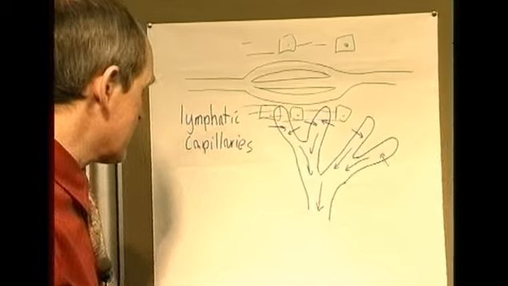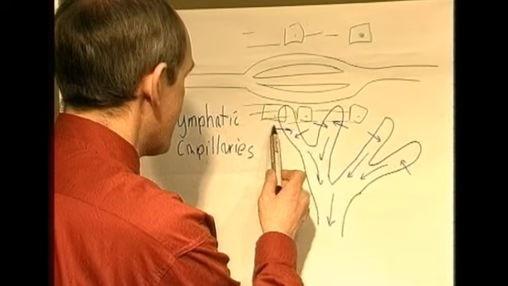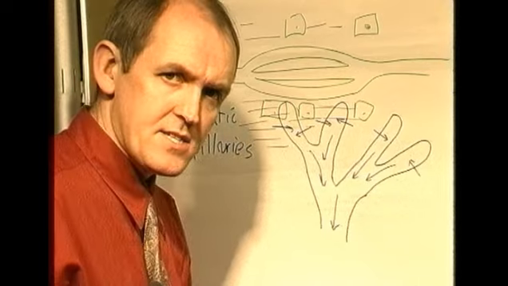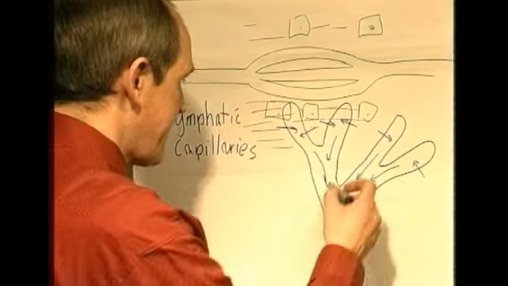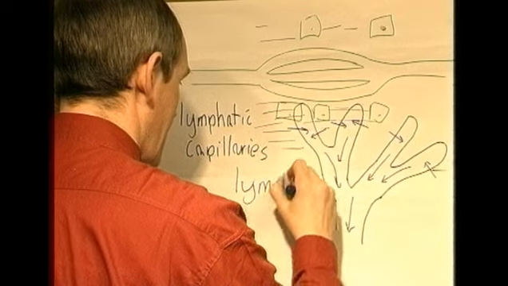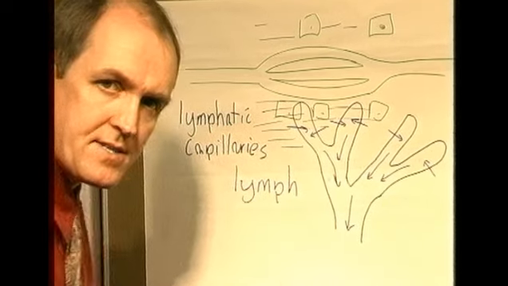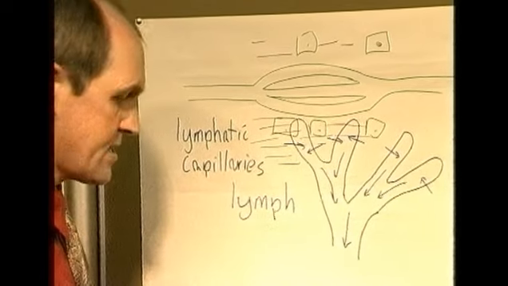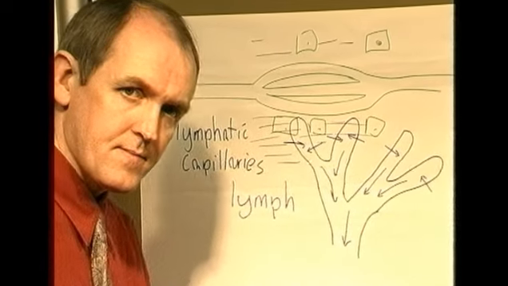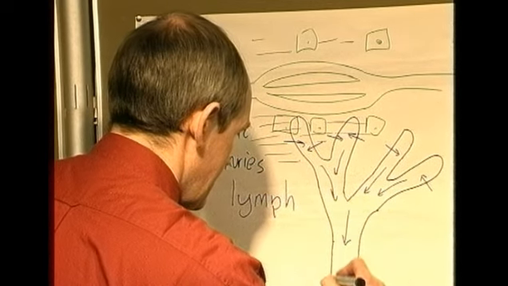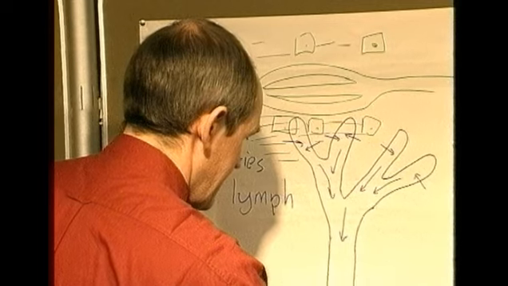Now, the tissue fluid, here we've called tissue fluid or interstitial fluid. When it enters the lymphatic vessels, it's fair to call the fluid lymph, when it's actually in the lymphatic vessels. So lymph fluid is drained in these lymphatic vessels. And these lymphatic vessels carry the lymph towards the lymph nodes.